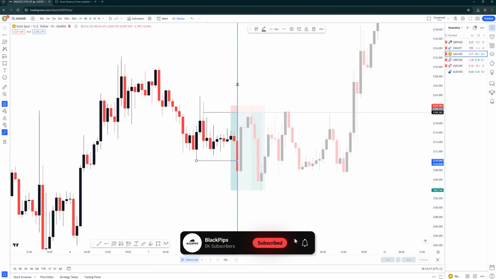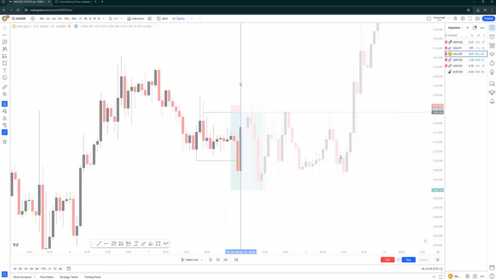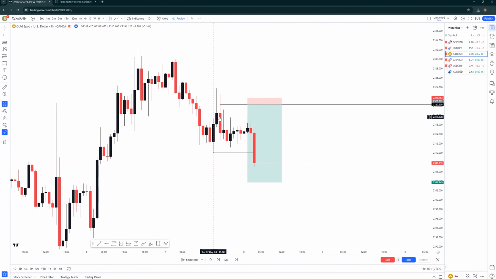So when you cut the chart at this point, let me try to explain it. When you cut the chart, this was the break of market structure, and we have this structure as our first priority, so we can use this as the reference first.